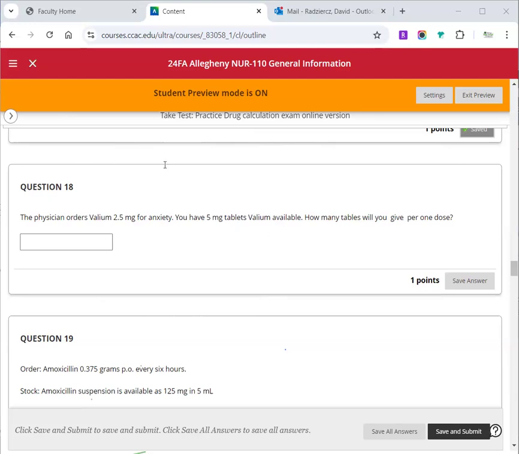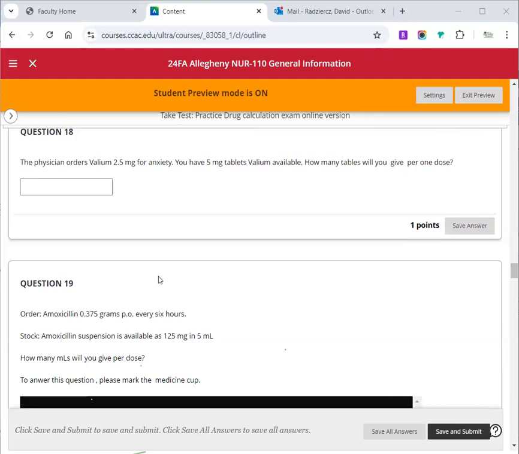All right, so let's do question 18, and then we have another cup question. Now, this is the one where you might get a half as an answer. I know that it wants it in the decimal version, but sometimes on a paper test you're going to get an answer like this, but sometimes they want you to write it like that. So 0.5 or half on your test.